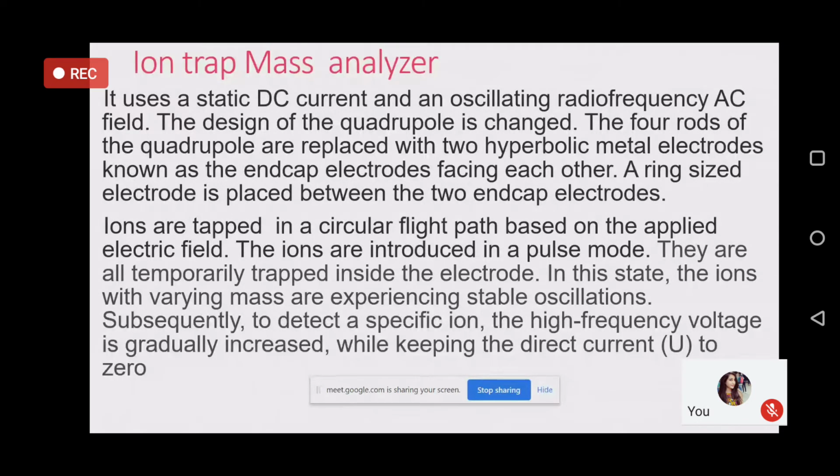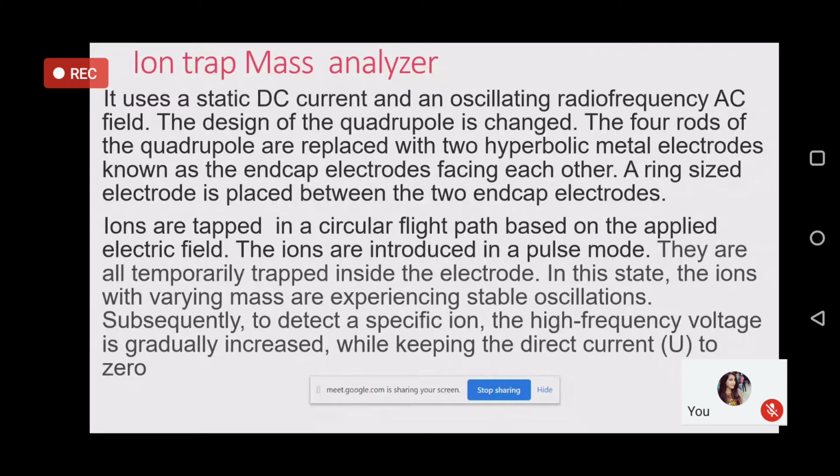If you keep a constant electric field, the velocity will remain constant because the ions are charged. And for one particular m by z value, the velocity will also remain constant because the energy given in an electric field is V into E, and that is equal to 1/2 mv squared. So one particular set of ions with a particular m value will have a fixed velocity v at that particular strength of the electric field.